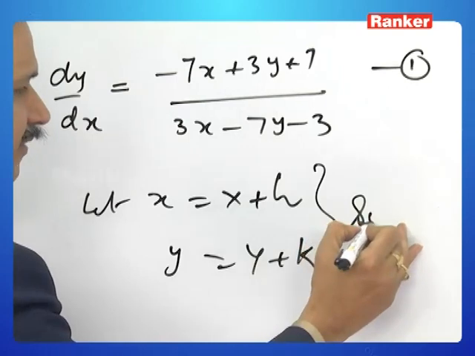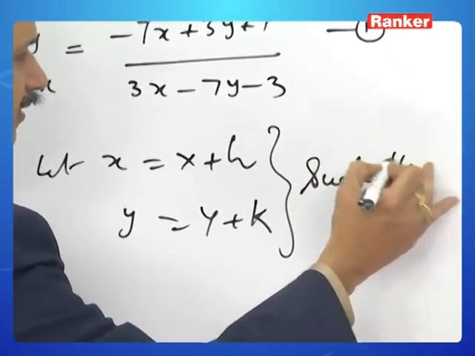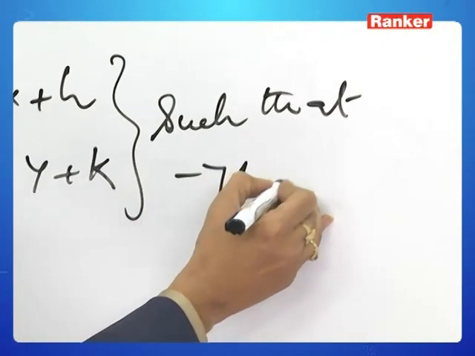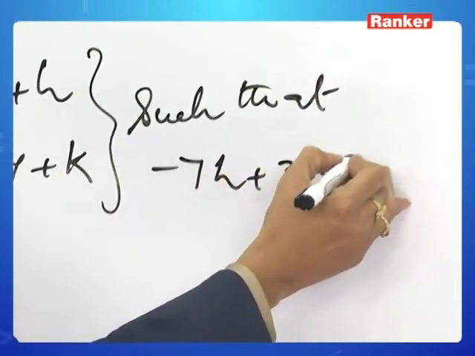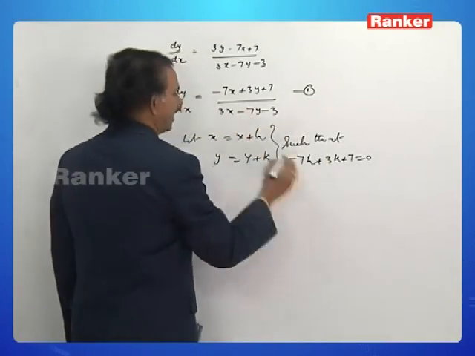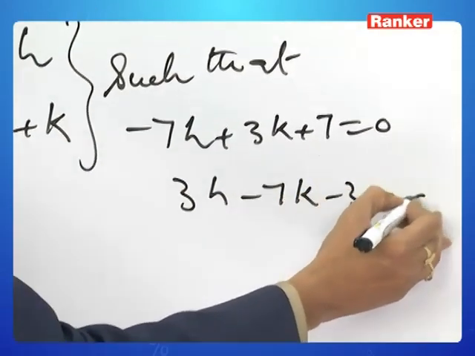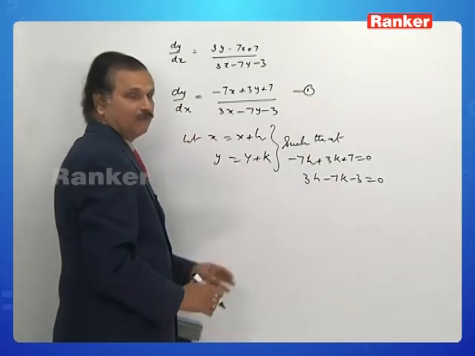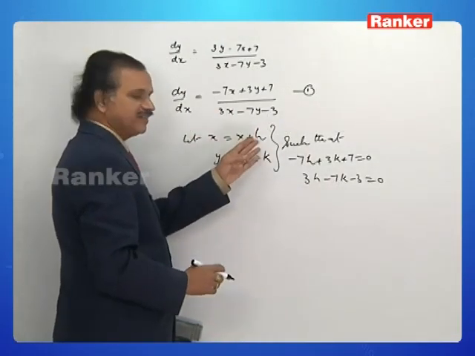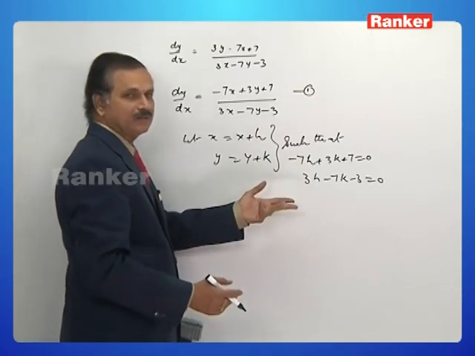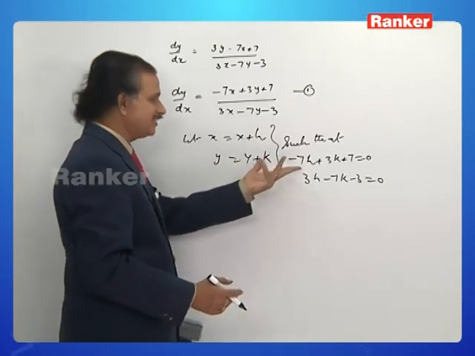Such that, minus 7h plus 3k plus 7 is equal to 0 and 3h minus 7k minus 3 is equal to 0. We are choosing small h and small k in such a way that these two happen. What is the benefit of getting like that?